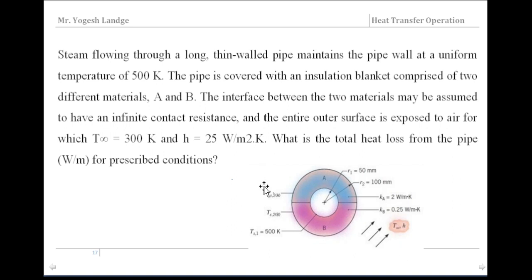Here a diagram is given, and the statement is clear that it is a pipe with a uniform temperature of 500 Kelvin inside the pipe. Steam is flowing in the pipe, and there are two materials wrapped on the pipe: material A, this one, and material B, this one, with different conductivities.